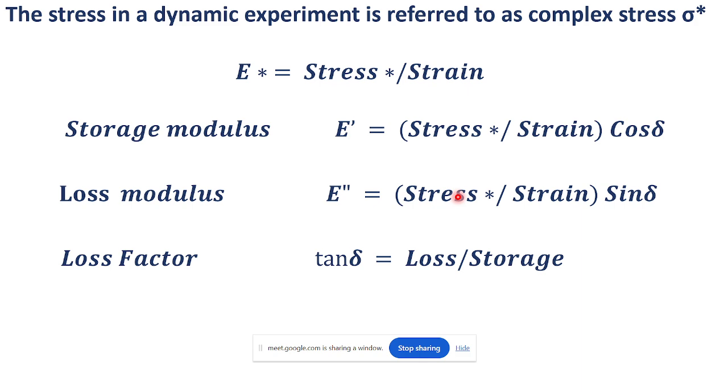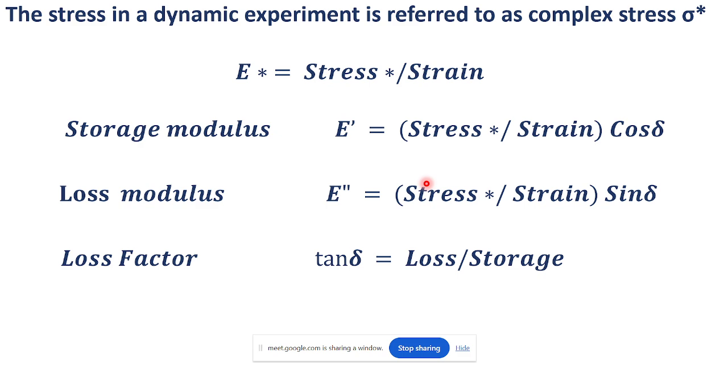But if cross-link density is low, maybe at a lower strain, your E double prime will dominate E prime. If you plot the storage or loss modulus versus strain, if the cross-link density is higher, at higher strain E prime will be greater than E double prime. If the cross-link density is low, E double prime will dominate E prime at a very small strain.